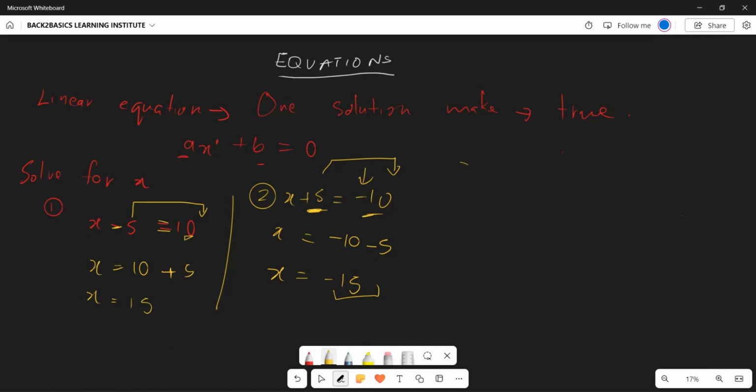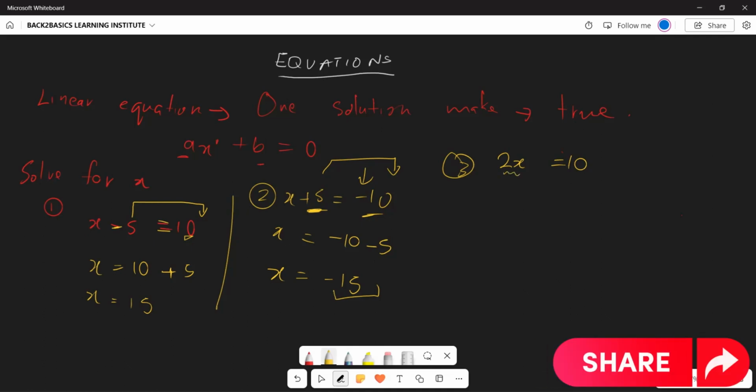Now let's look at number 3. Which value can we get in order to make this true? Let's say you have 2x equals 10. This is very important to understand. What are you going to do here? Remember, it is important to take notes. 2x is the same as 2 multiplied by x.